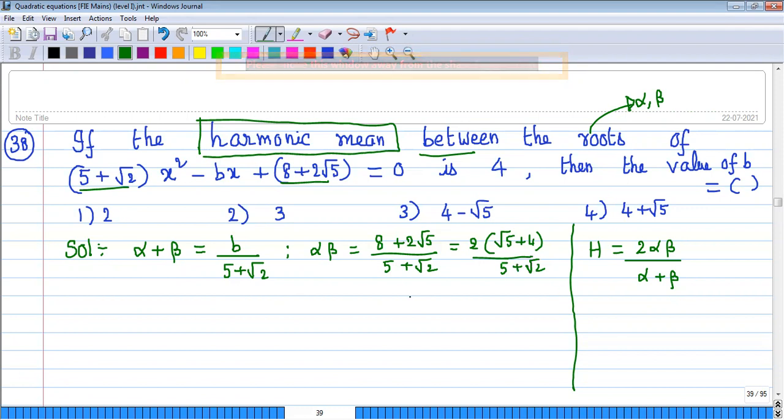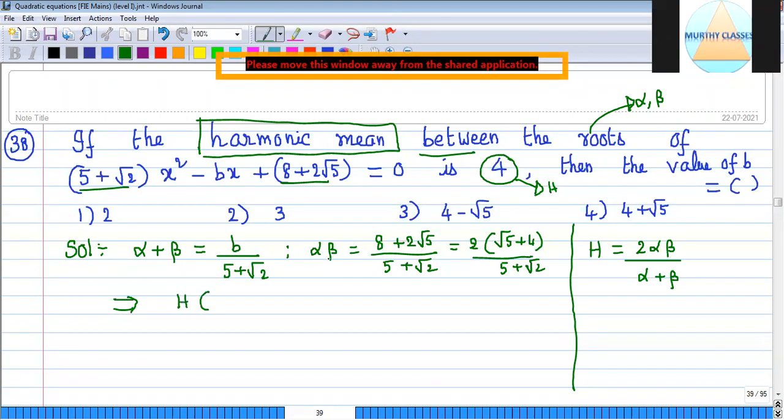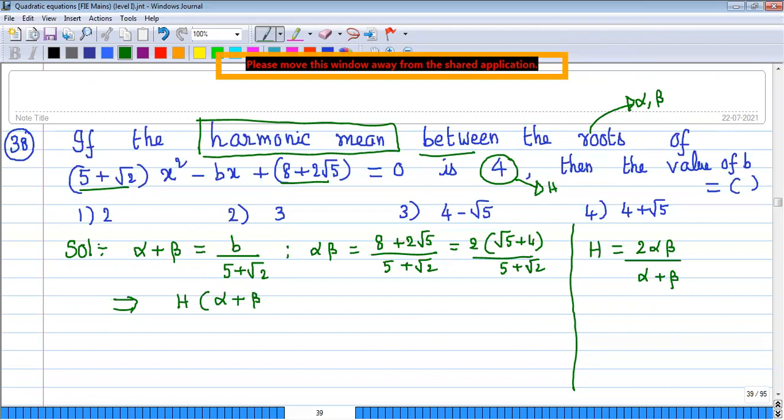Right. So now H is given. Harmonic mean H is equal to how much? 4. Let us substitute in this one. So 4 equals 2 alpha beta by alpha plus beta, that is H multiplied by alpha plus beta equals 2 alpha beta. Let us substitute the respective values.